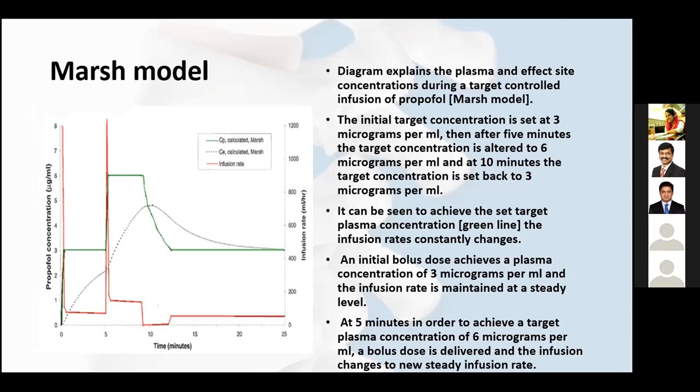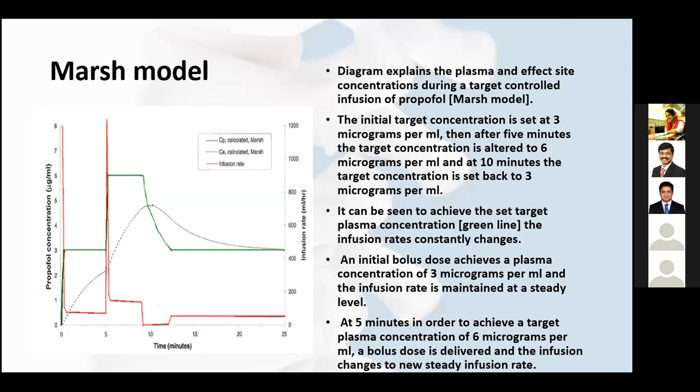It can be seen that to achieve the target plasma concentration, the green line, the infusion rate constantly keeps changing. An initial bolus dose achieves a plasma concentration of 3 micrograms per ml, and the infusion rate is maintained at a steady level. At 5 minutes, in order to achieve a target plasma concentration of 6 microgram per ml, a bolus dose is again delivered, and the infusion changes to a new steady infusion rate.